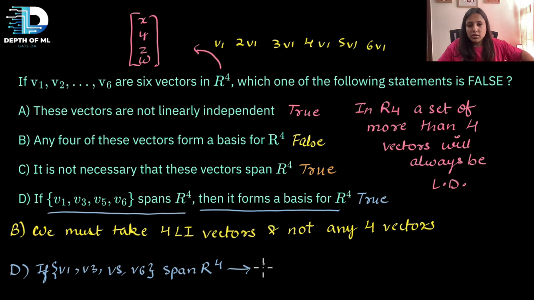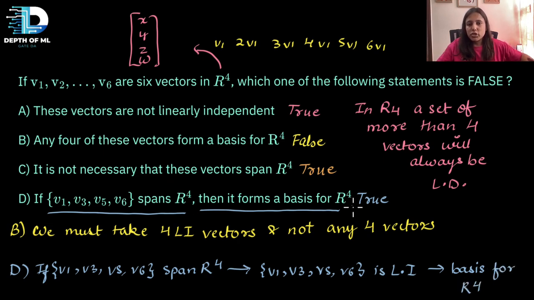Or let me say this set V1, V3, V5, V6 is linearly independent. Hence they can become the basis for R4. So the correct answer for this question, the statement which is false, is option B.